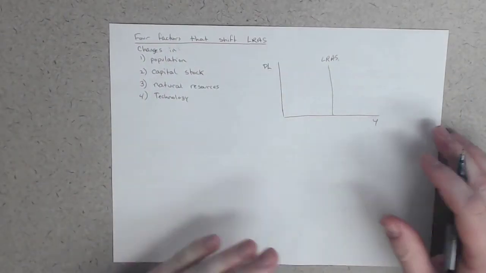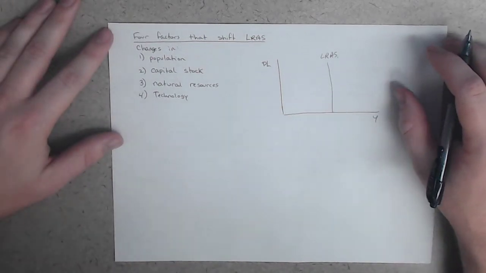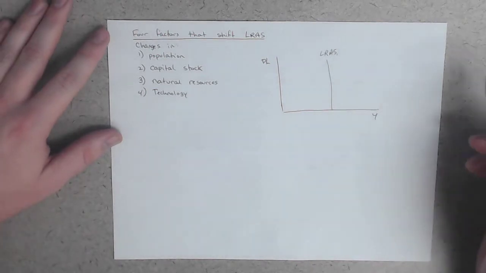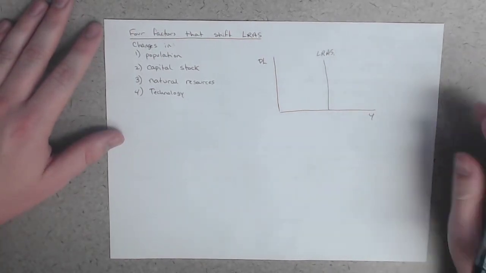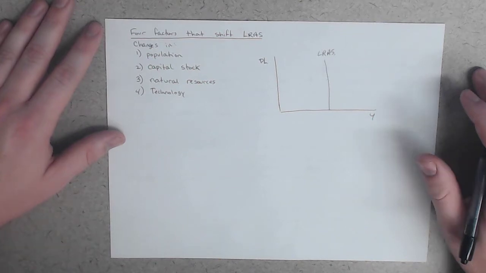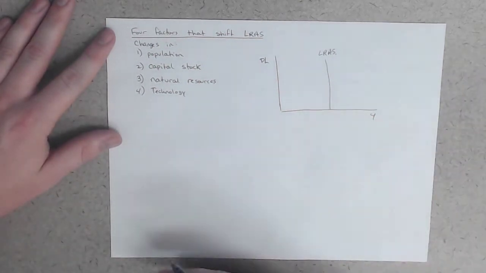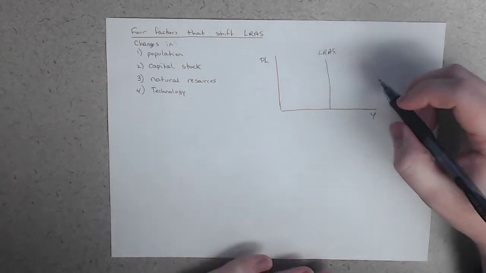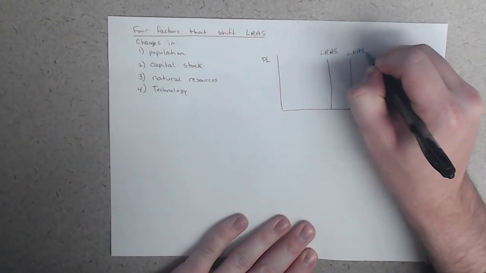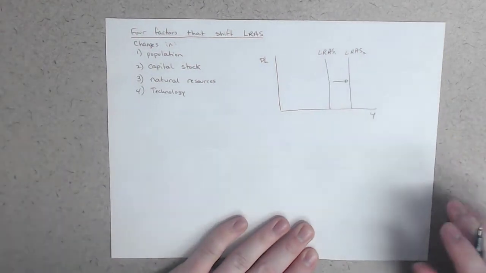If we have something like the bubonic plague, or let's do a positive one first. Let's say that the rate of childbirth in the U.S. quadruples. Now all of a sudden there are just more people in the U.S. Then the long-run aggregate supply curve will shift to the right.